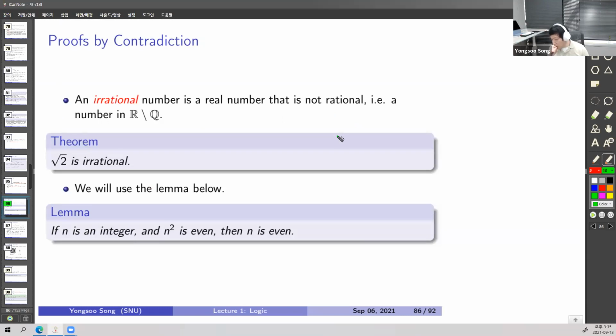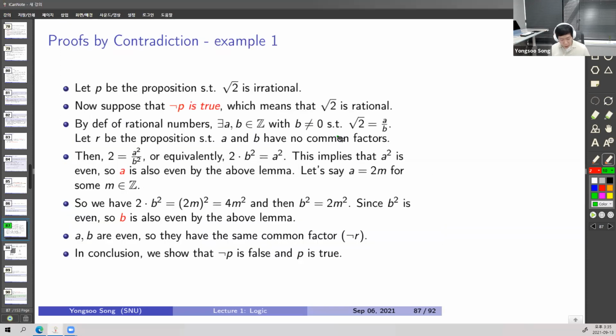One example of this proof by contradiction was that we can show that square root of 2 is an irrational number, and the proof was done like this. So we assume that not P is true, meaning that square root of 2 is rational.